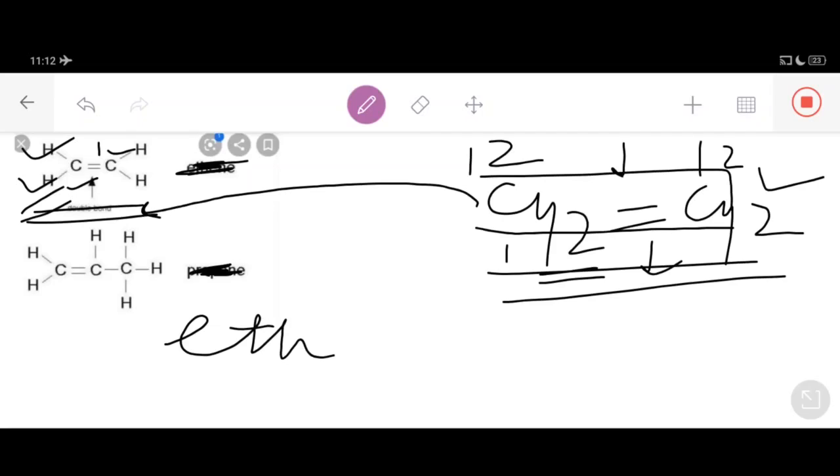But this hydrocarbon has a carbon-carbon double bond. Look, dear students, a carbon-carbon double bond. The moment you see a carbon-carbon double bond or carbon-carbon triple bond, that compound is unsaturated, my dear students.